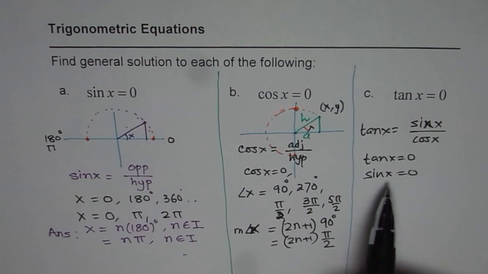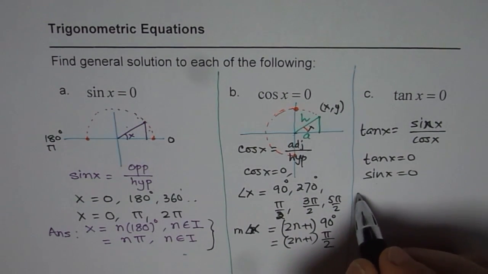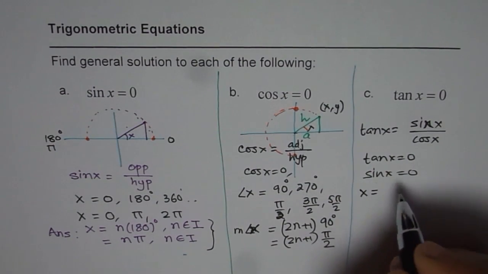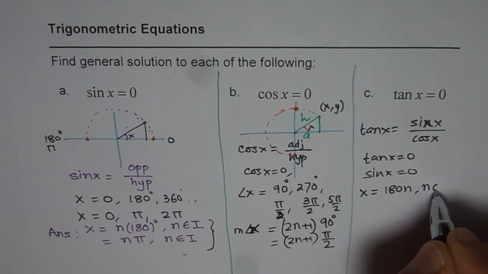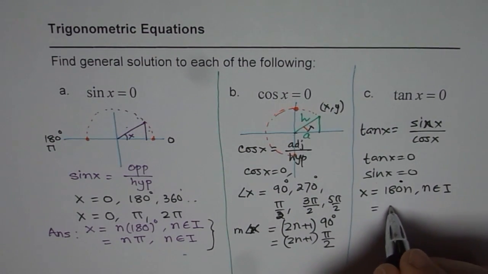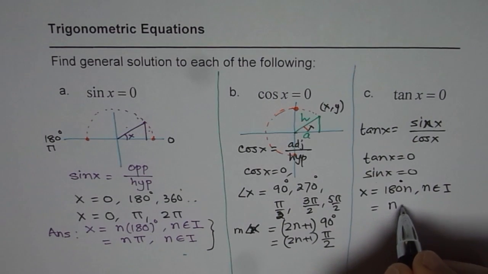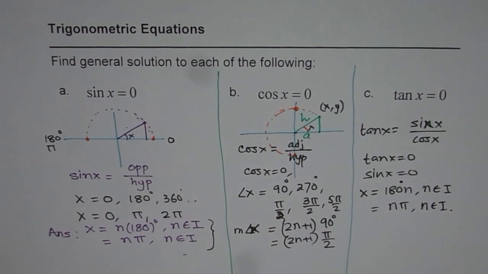Is that okay? Now sine x is 0 for these values. So our answer is that x is equals to 180n, where n belongs to integers. This is in degrees, or it could be n pi, where n belongs to integers, right? So that is how we can get solution for tan.